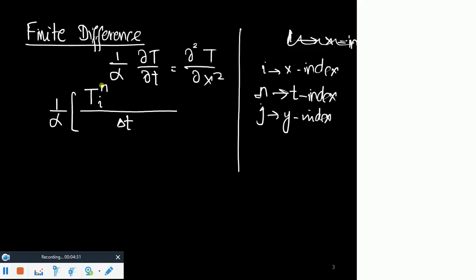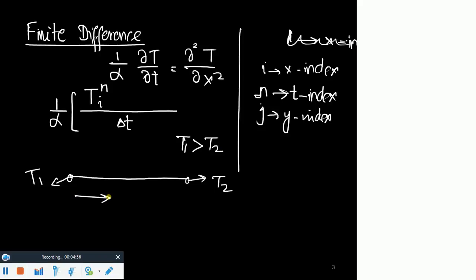So this is T i superscript n. T i n means T at the ith node, because this is 1D, right? So if I give you an example of a rod, let's say this end is at temperature T1, this end is at temperature T2, and T1 is greater than T2, so obviously heat would start flowing from here to here.